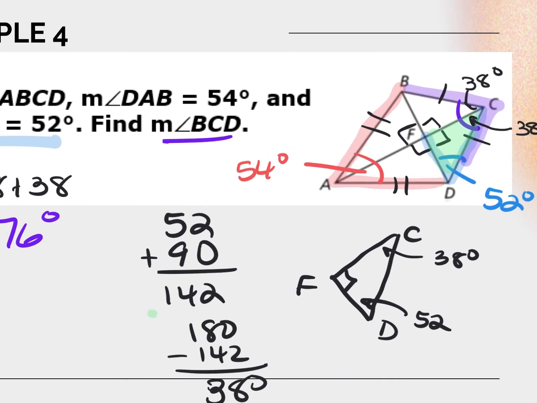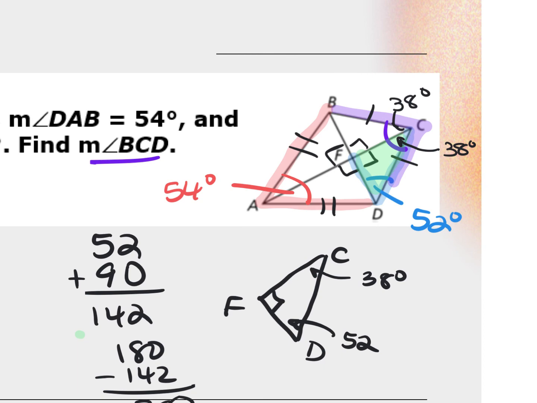The reason why these are two congruent right triangles here, I also have this one over here, is because I've got congruency marks.